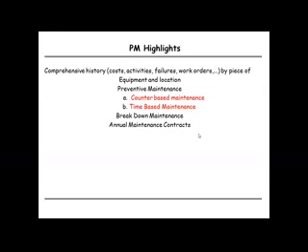If you see the history, comprehensive history, cost, activities, failures, work orders can be measured by a piece of equipment or location. And preventive maintenance we can do. There are two ways of doing preventive maintenance: one is counter-based maintenance and another is time-based maintenance. Based on the counter, let us say the machine has run for 500 hours, after 500 hours I want to do the maintenance activity, so we can do it.